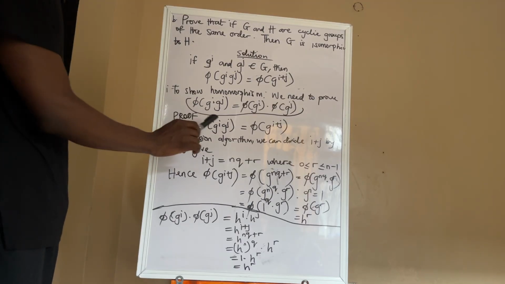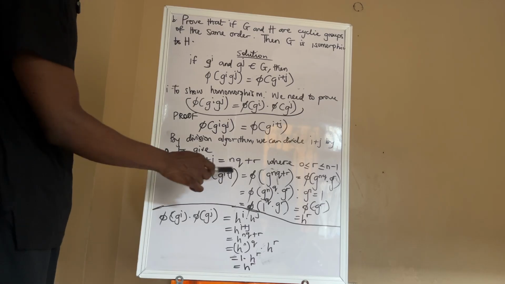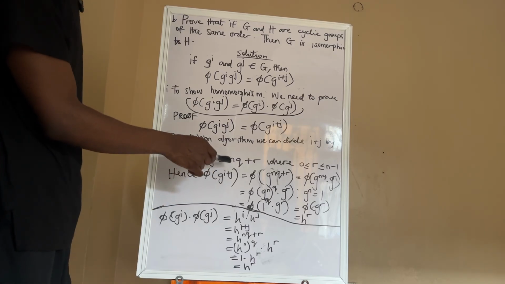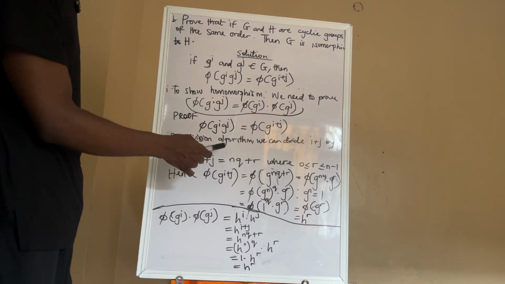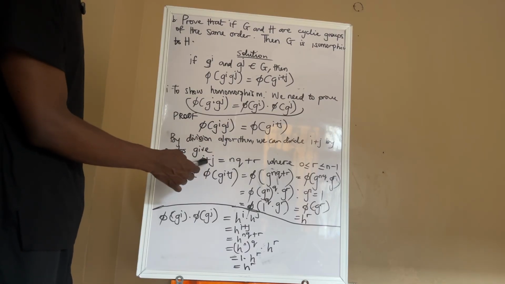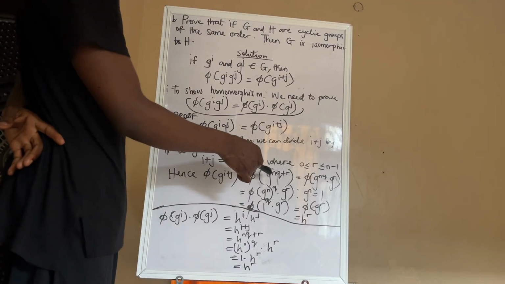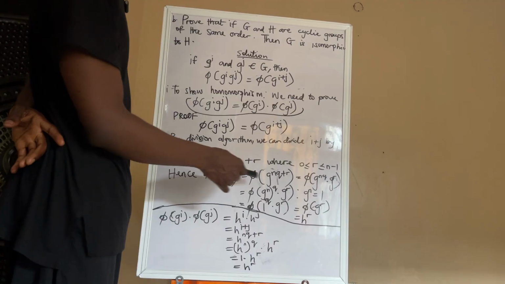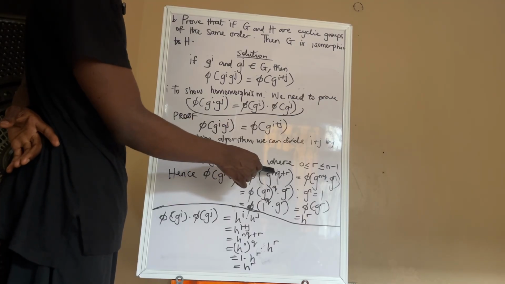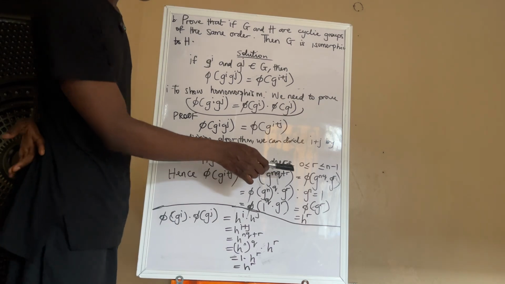Now, we have phi of g^(i+j), and we have used the division algorithm to let i plus j be equal to nq plus r. Substituting nq plus r for i plus j here, we have phi of g^(nq+r).